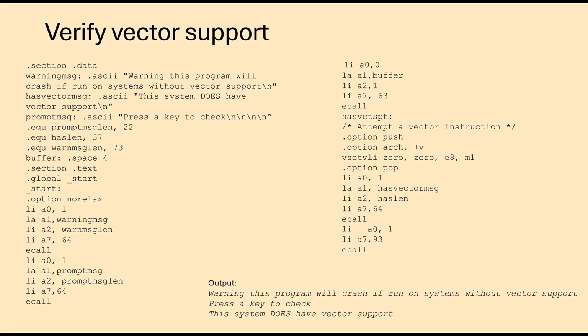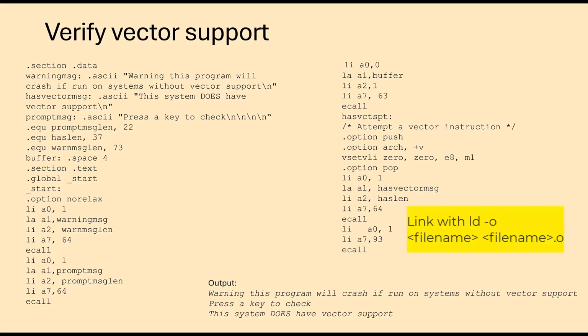Before starting out on our journey, ensure that vector support is available by running the listed code. To assemble, use as -march=rv64gcv -g -o followed by the file name.o, followed by the file name.s, and this will assemble it.